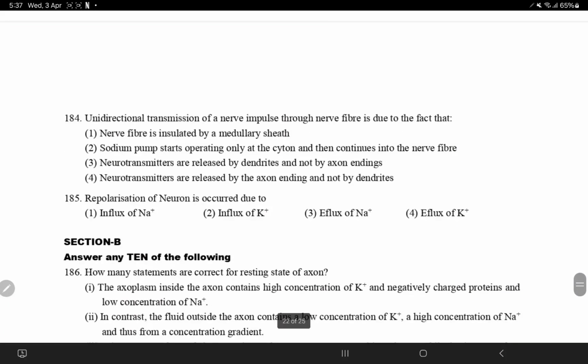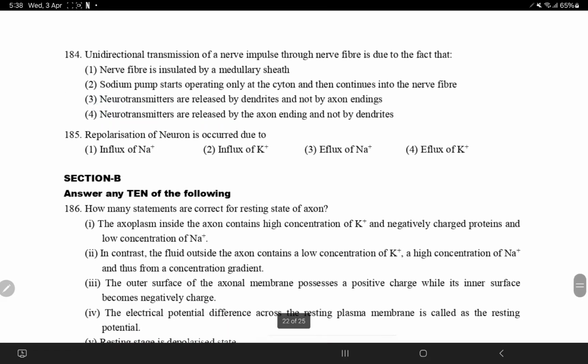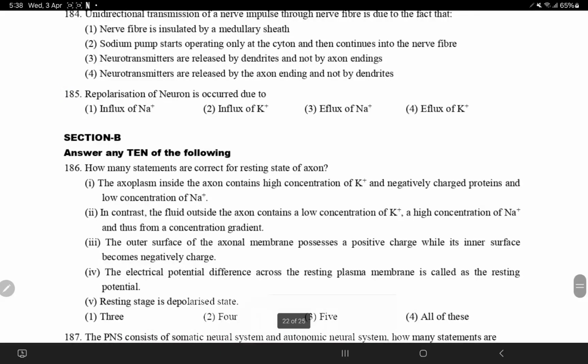Unidirectional transmission of nerve impulse through nerve fiber is due to the fact that neurotransmitter is released by axon, not by the dendrites. Repolarization of neurons occurs due to efflux of potassium.